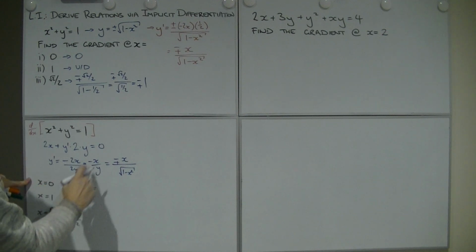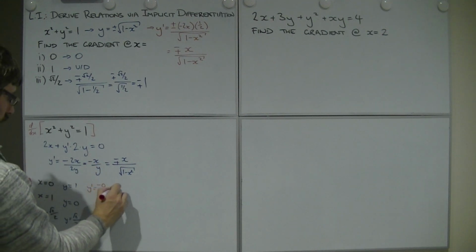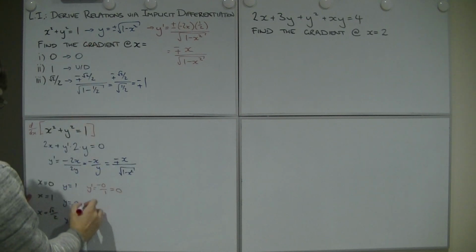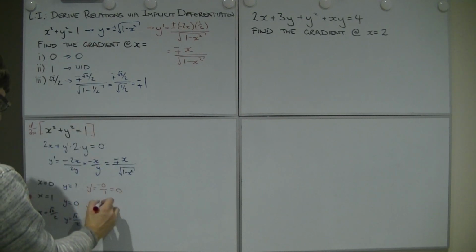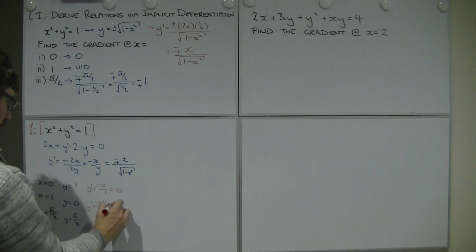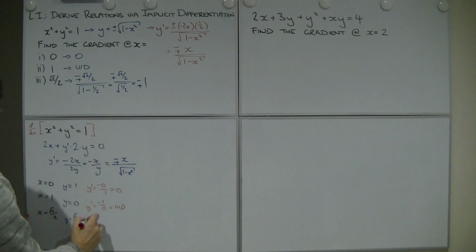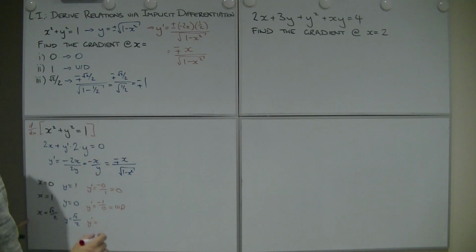So 0 over 1. So I get negative 0 over 1 gives me 0. Done. Beautiful. Agree. 1, 0. So I get y prime equals negative 1 over 0. Well, that's undefined. Cool. Agree. Great. Y prime equals, where are we? Now, this thing I should have put plus minus on it. Great.